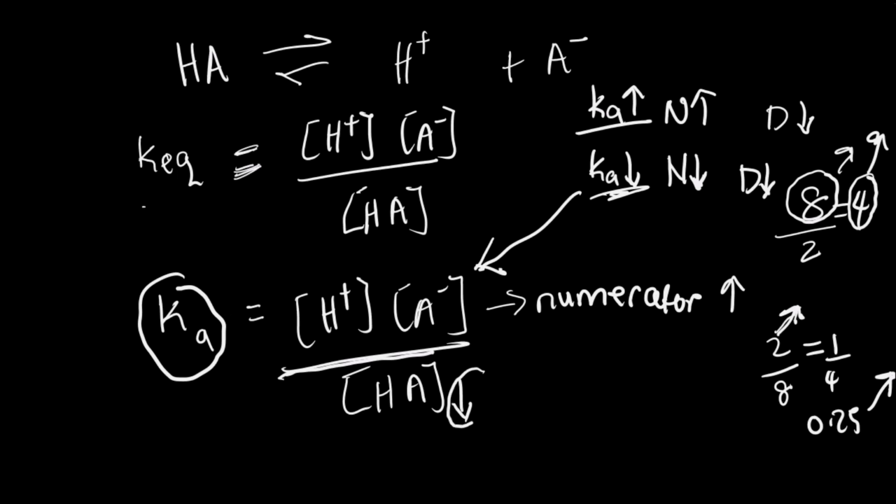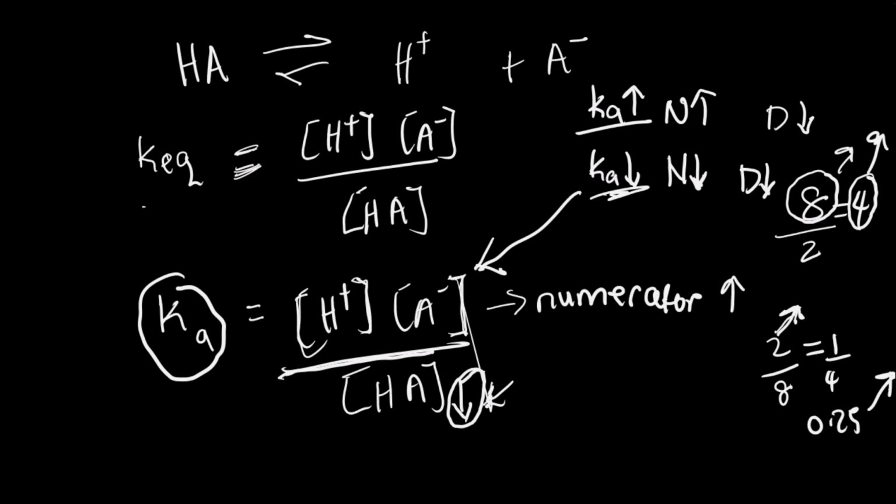However, when Ka is low, it means that we have more of the acid undissociated. So we have a higher concentration of the acid that is undissociated as compared to the dissociated ions.